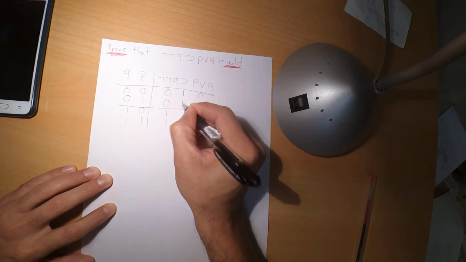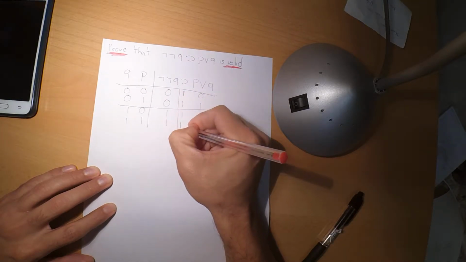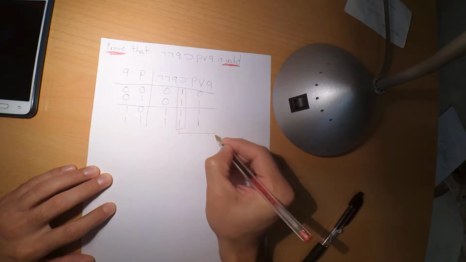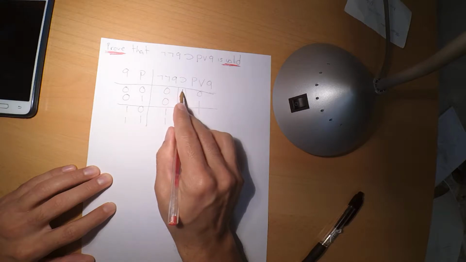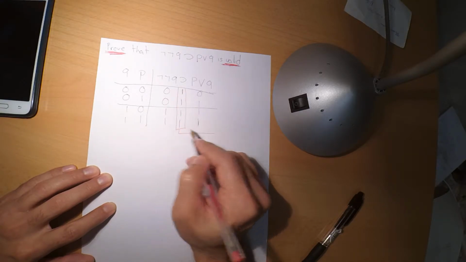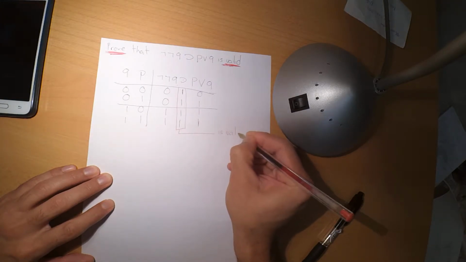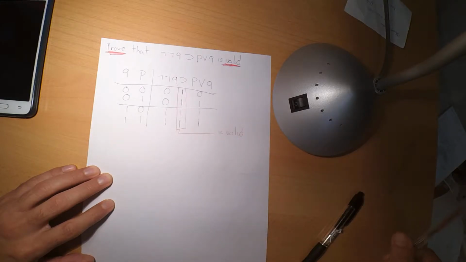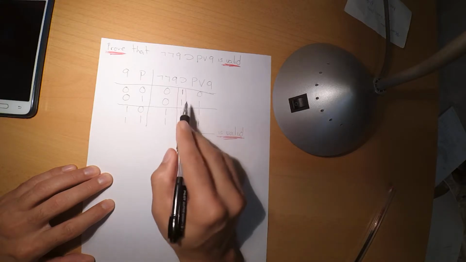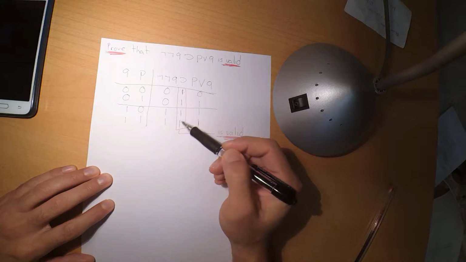This is 1, 1, 1, 1. So the important part is this final part with the implication. That means for this column, all is true in all the interpretations. So that means it is valid and also satisfiable. But this is the most important part, that we prove the validity because we have true in each row at the end of the formula.